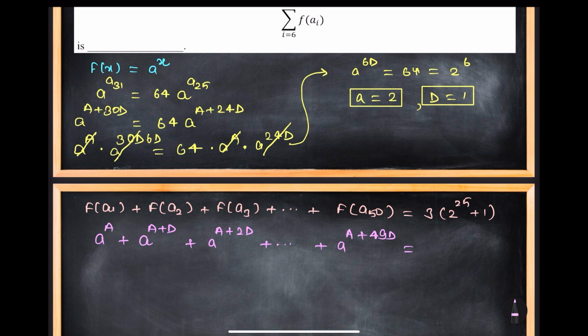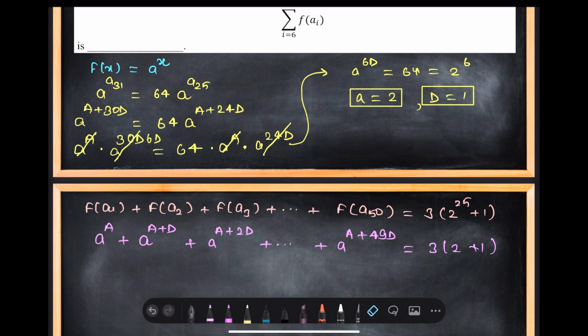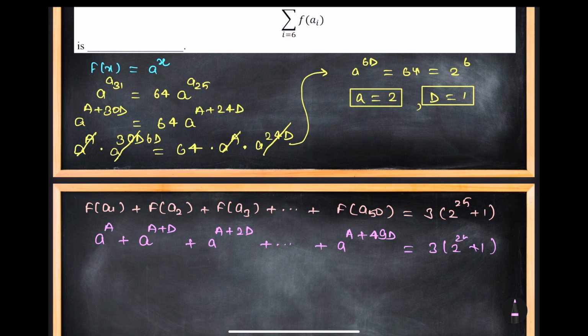Now 3 times 2 power 25 plus 1. Okay, we will write this thing this way. 2 power 25 plus 1.